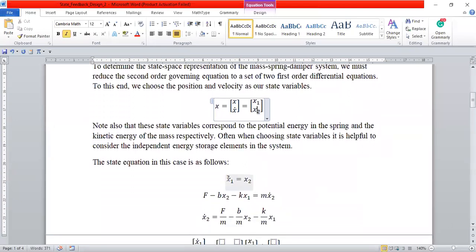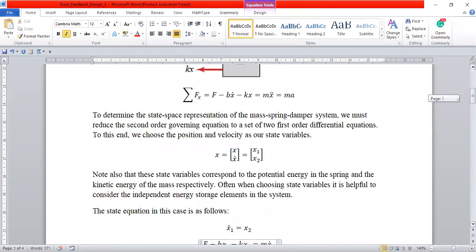So we know that since x1 is equal to x, then x2 is equal to x dot. So we know that the derivative of x1 is equal to x2. So when you differentiate x1, you're going to get x2. So that's this relationship. Then we're going to express the equation we arrived at in terms of x1 and x2.